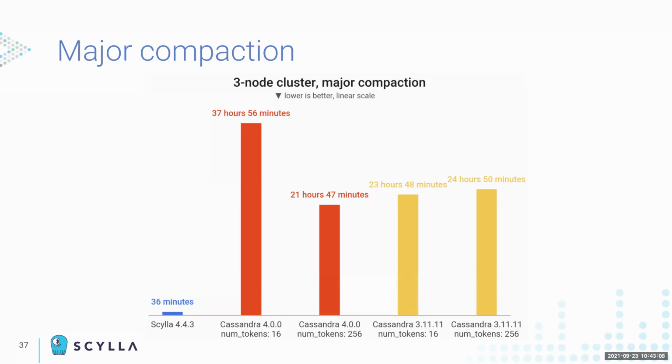This is due to the fact that Scylla can perform major compaction on all its cores concurrently, while in Cassandra, compaction is a single-threaded process. This results in a massive difference in compaction speed.